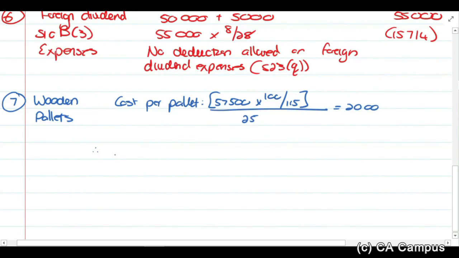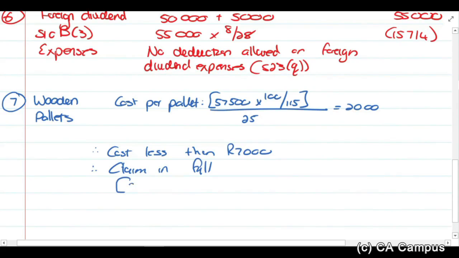So thus, cost less than 7,000. So thus, claim in full. So you can claim 2,000. You have to write it down to R1, and there's 25 of those items. 49,975, and this is a section 11E deduction.